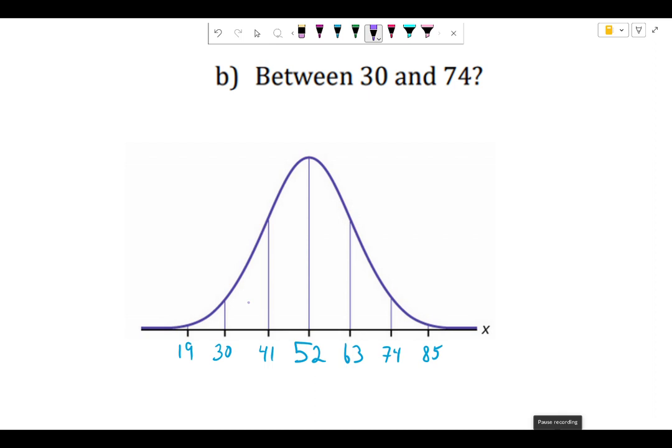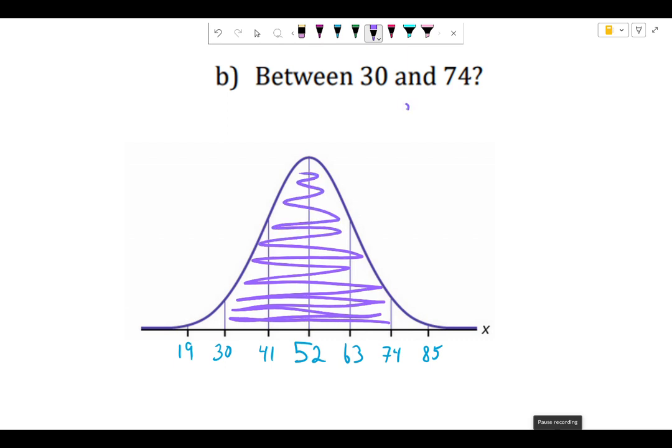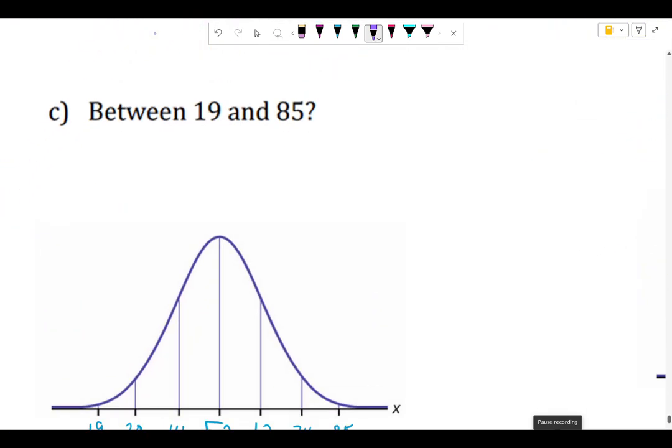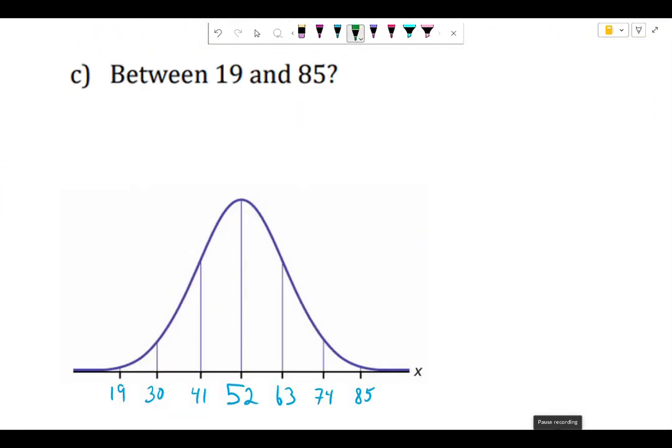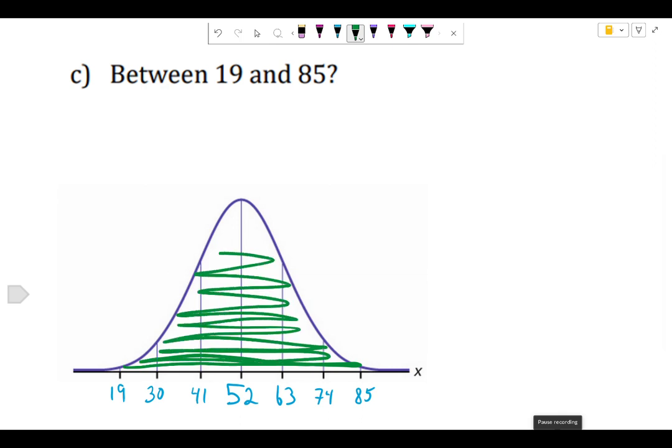Well, that is two standard deviations from the mean, and 95% of the data values are in this region. Part C asks for the percentage of data values between 19 and 85. That is three standard deviations in either direction from the mean, which is 99.7% of the data values.